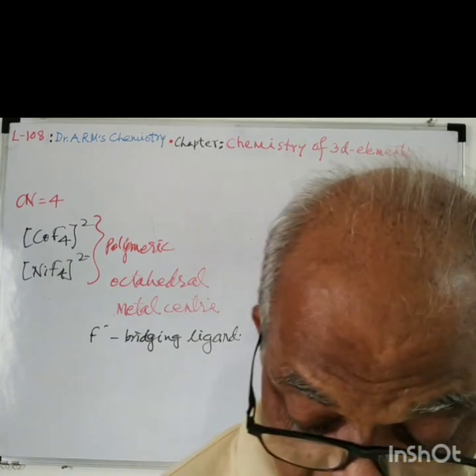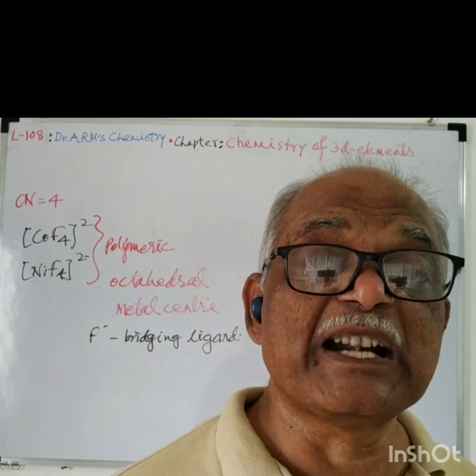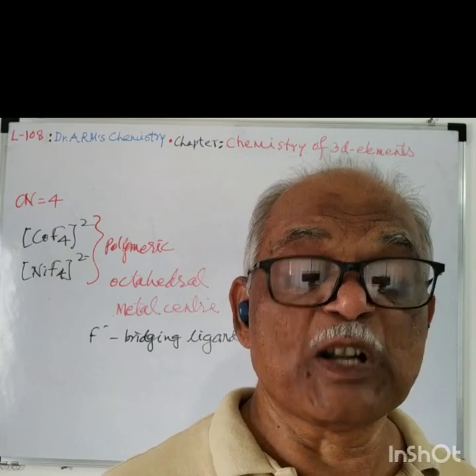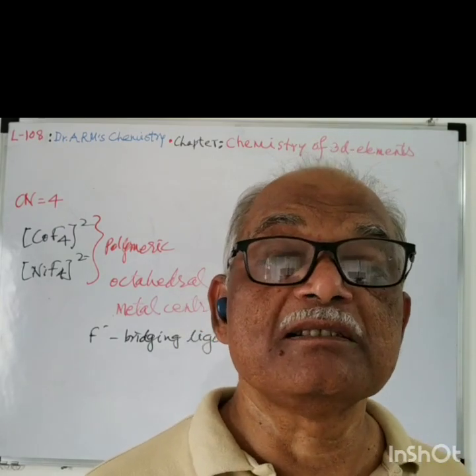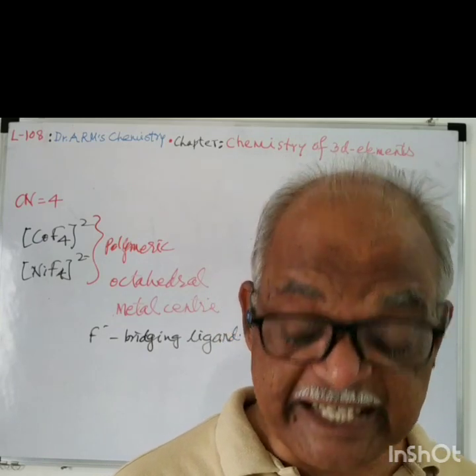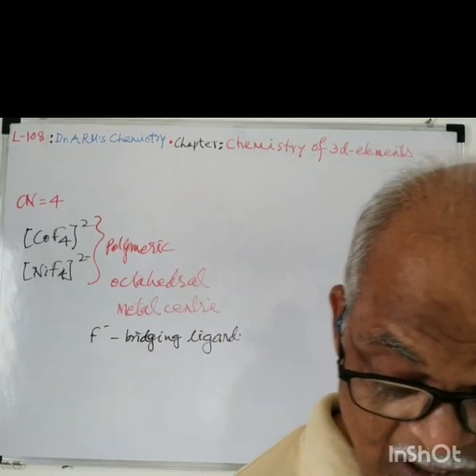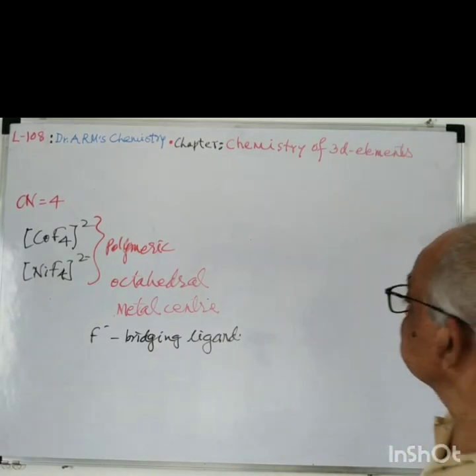Now we can have such tetrahedral geometries with a number of complexes in which the d configuration ranges from d0 to d10. We will see some of these examples here.